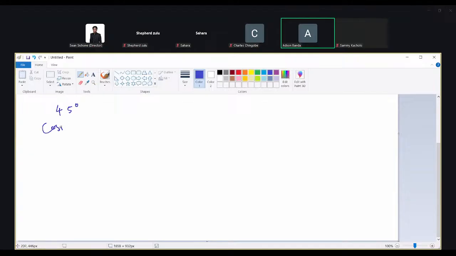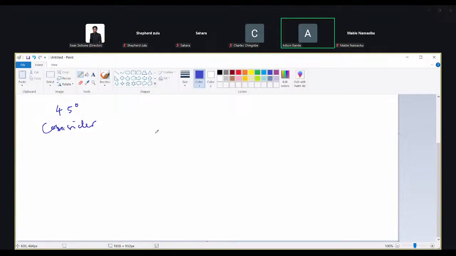So we are going to consider the following. Again, we will start with a triangle. This triangle is an isosceles triangle. Earlier we considered an equilateral triangle, but now we will consider an isosceles triangle.